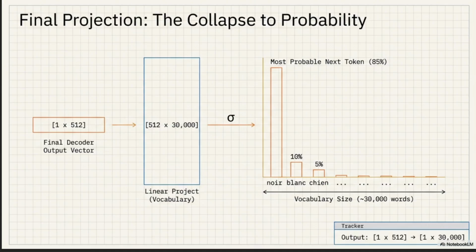Finally, we need the word, so we take the decoder output vector with dimensions 1 by 512 and pass it through the linear layer. This multiplies the vector by the vocabulary matrix. The result is a vector of 3000 scores or logits.